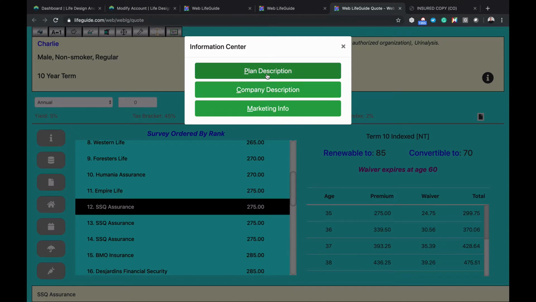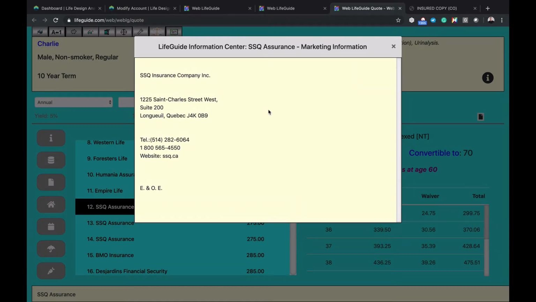You can take a look at the plan description in the narrative, and then there is the marketing info, which is also being expanded, and we've invited the MGAs across the country who represent various companies and would like to have their information listed to contact us for that.